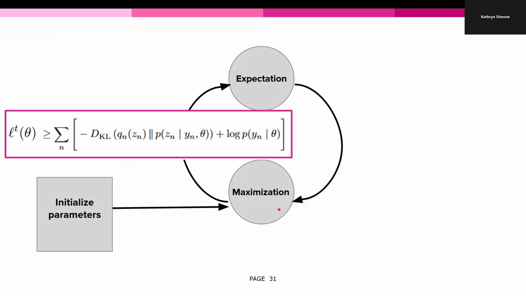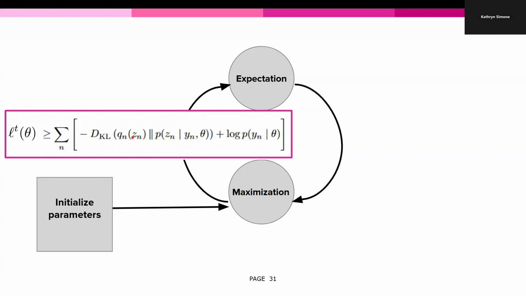All right, so let's see if we can bring it all together. This flowchart here shows the complete flow of the expectation maximization algorithm. We kick things off by initializing parameters, which are our first guesses. And so this gives us a likelihood function with some lower bound. That's the sum of the marginal log likelihood as well as the KL divergence.